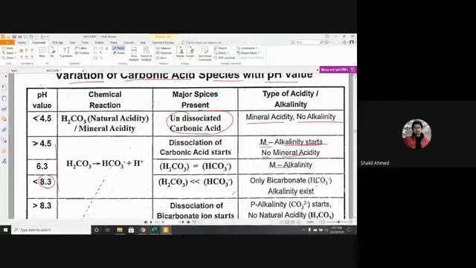No mineral acidity, M alkalinity, and whenever it is 6.3, then H2CO3 is equal to bicarbonate ion, and when it is around 8.3, then this one has a much higher concentration than this one.